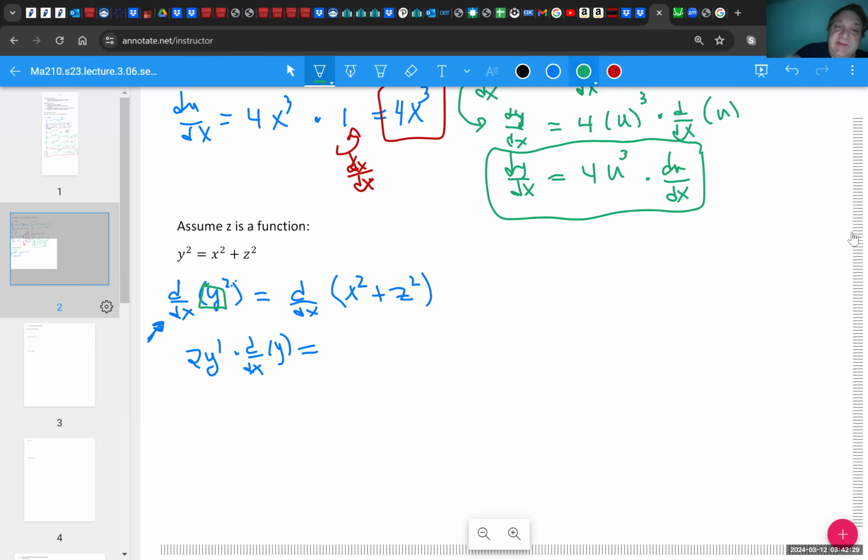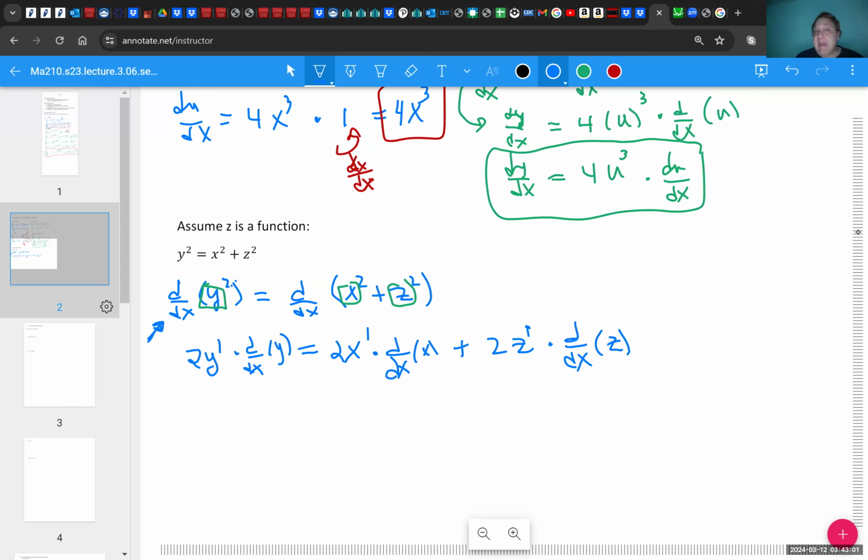We're going to apply the same kind of process right here. This is a thing being squared. So the derivative of thing being squared is 2 times that thing to the first power times the derivative of that inside function, that thing. And likewise, we'll do it with the z thing. This is going to be plus 2z to the first power times the derivative of that inside, that thing, which is just z.